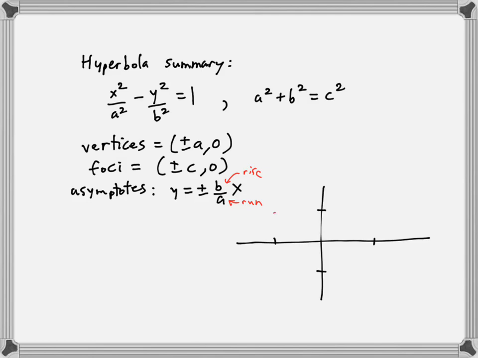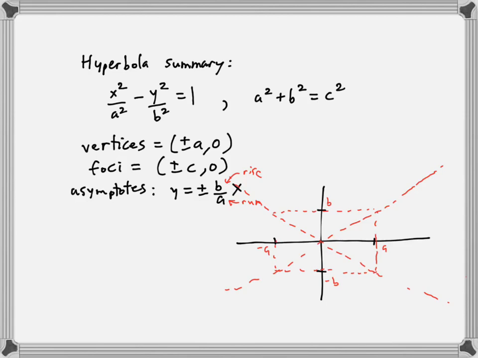So here's the way I always suggest to students. I say draw a box. The box must cross, so this is going to be b, negative b, this is going to be a, negative a, right? And then we're going to connect the diagonals of the box with a straight line, and what we've just done is drawn the asymptotes, right?